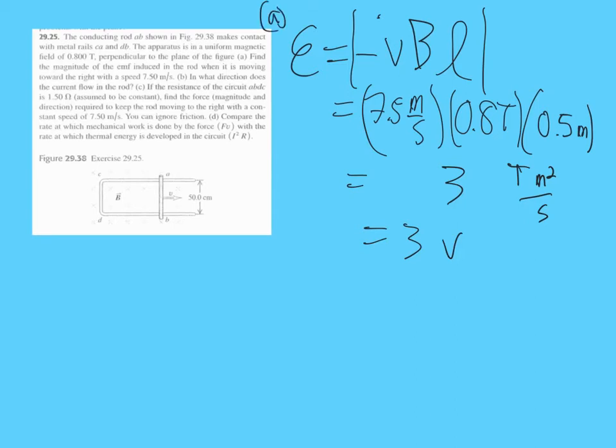Part B asks us to find the direction that the current flows in the rod. So for B, we know that the flux is increasing, and that the field goes into the page. So that means that the induced field, to oppose that change, has to come out of the page.